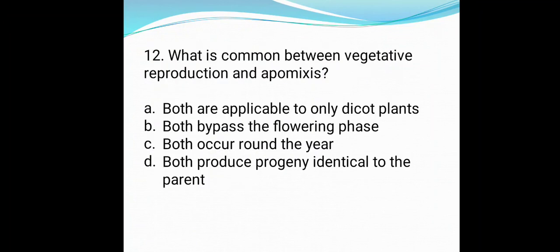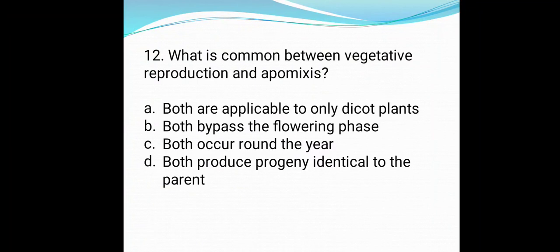What is common between vegetative reproduction and apomixis? Vegetative propagation involves the production of new plants from the vegetative part of the parent plant body. In this process, the progeny produced is identical to the parent, as there is no recombination of genetic material. Apomixis is a reproductive process in plants that superficially resembles normal sexual reproduction, but in which there is no fusion of gametes.